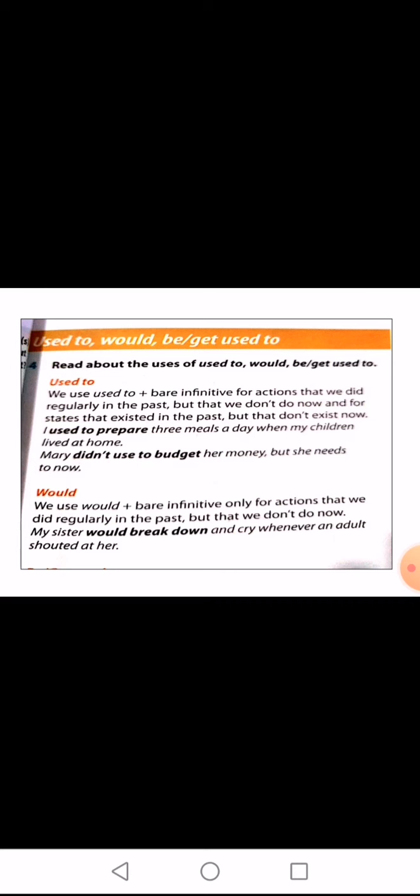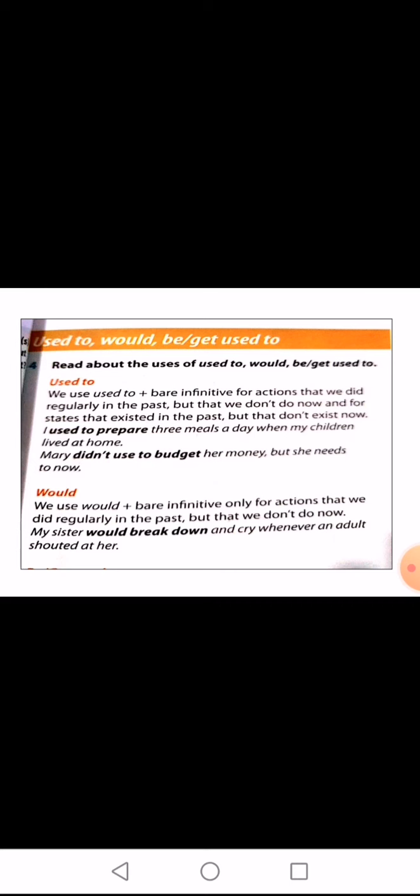The most important thing about would: we don't use would with state verbs or feeling verbs like like, hate, love, feel. We can't use would with them. You can't use like, love and hate with would.